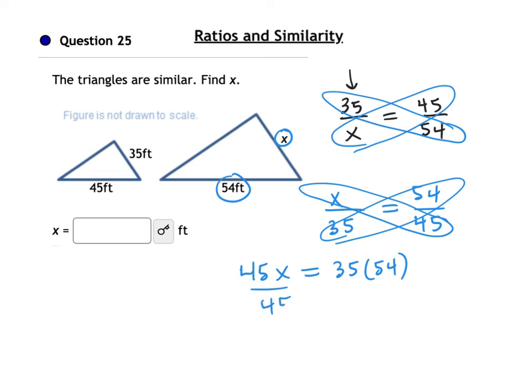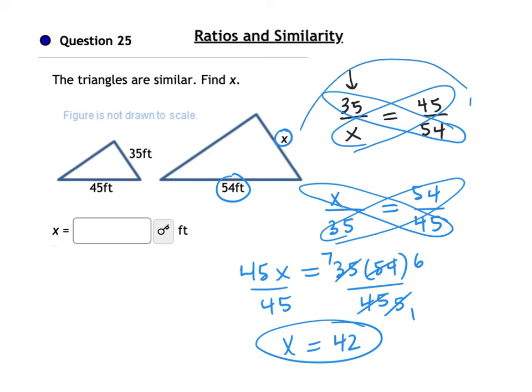I'll divide both sides by 45, and these both divide by 9. I get 5 and 6, and 5 and 35 both divide by 5. I get 1 and 7. So x is 7 times 6 over 1, which is 42.